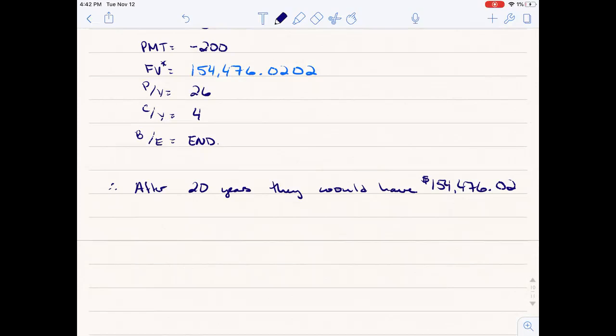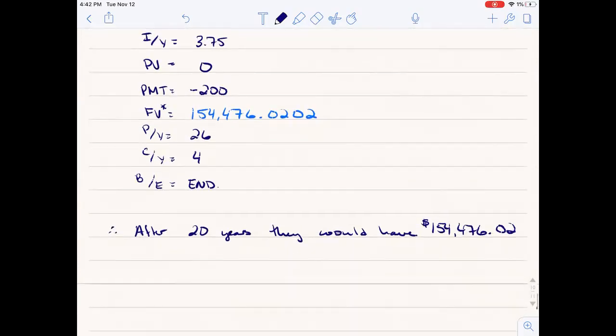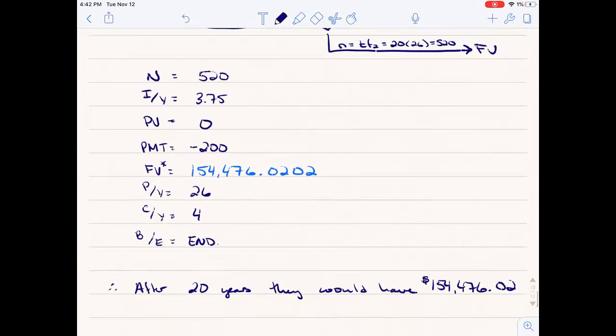They paid $200 times 520 payments. So they paid $104,000 to get $154,000, basically. So they made a lot of interest. Nice. So you can go ahead and calculate that one by hand, but it's a lot easier to just use your calculator.